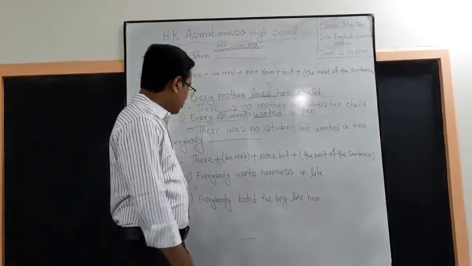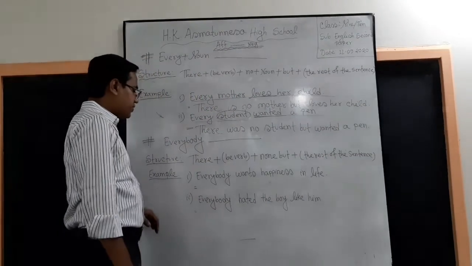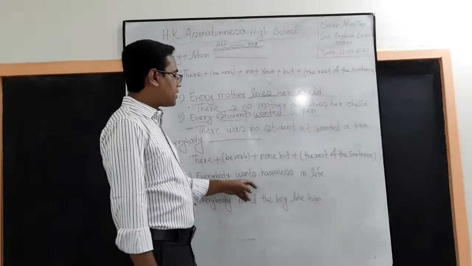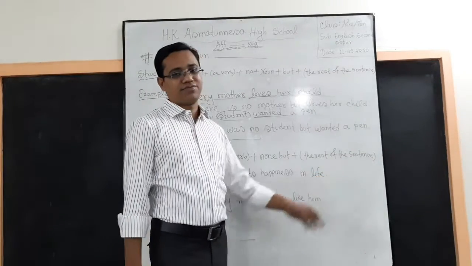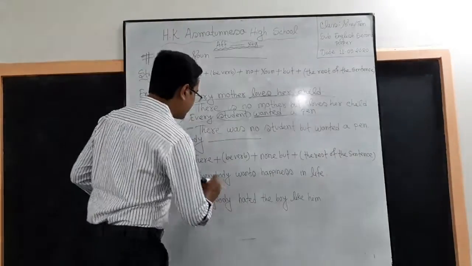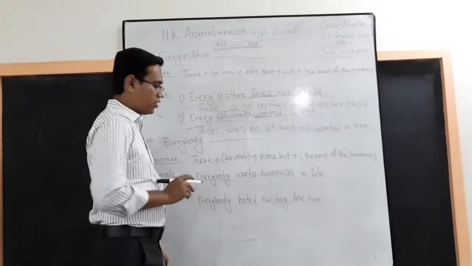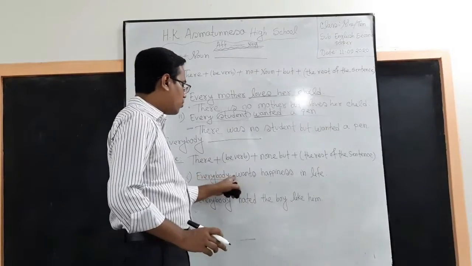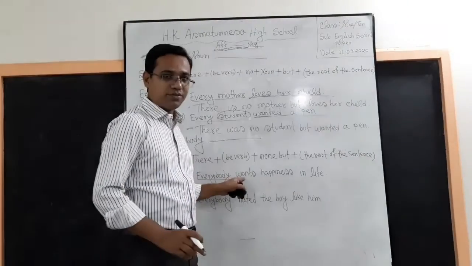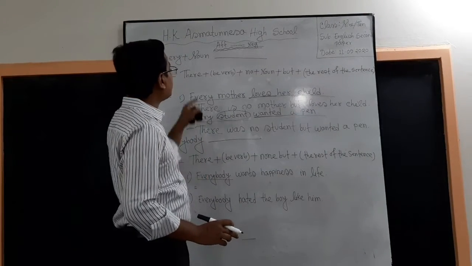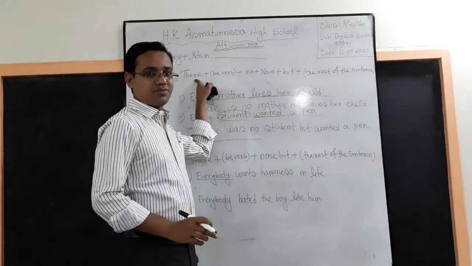The first sentence that I have written on the whiteboard is: everybody wants happiness in life. So the sentence starts with everybody. There is no noun after everybody, so this structure will be somewhat different from that structure.